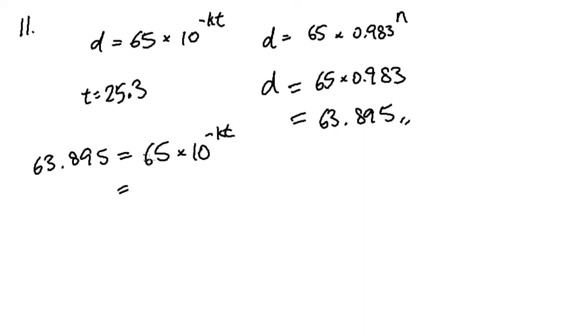Divide both sides by 65, and you get 0.983 is 10 to the minus kt.